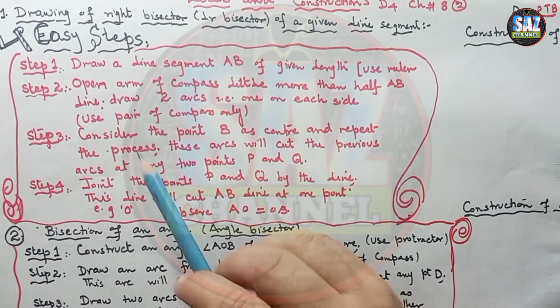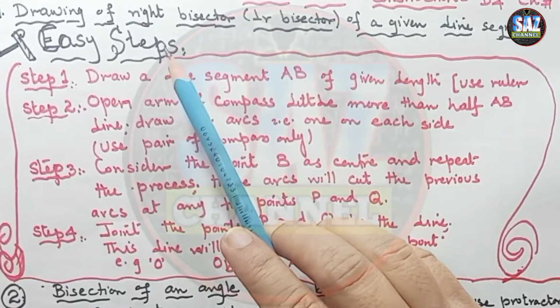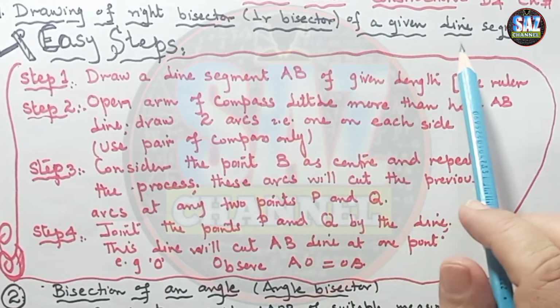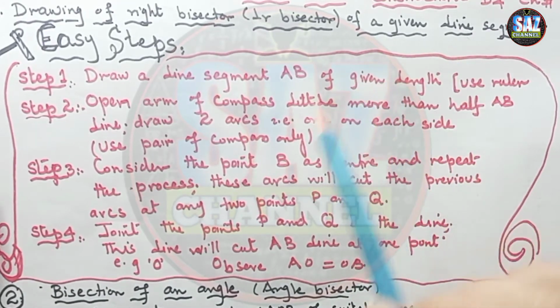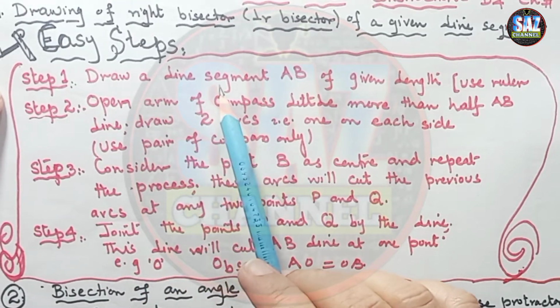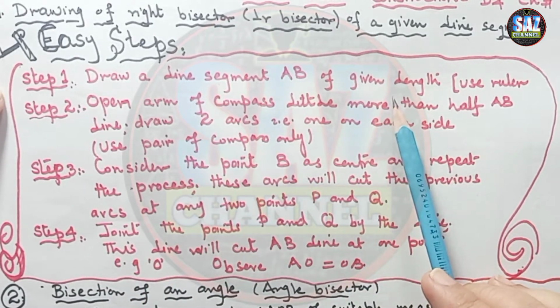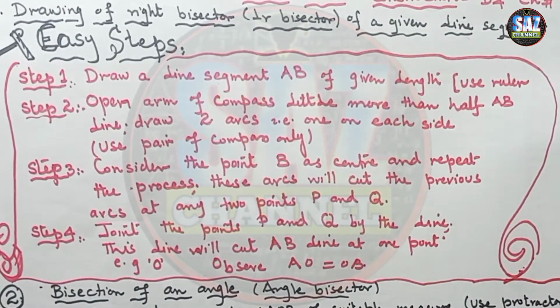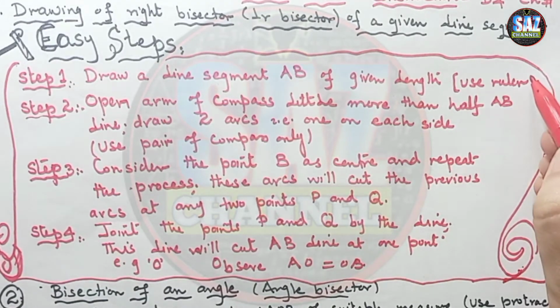Okay. So first of all, I will be discussing how to construct the right bisector or perpendicular bisector of the given line segment. Okay, there are few steps. Step 1 is that we have to draw the line segment AB of the given length, and for that purpose we have to use ruler. For the drawing of the line we have to use ruler.